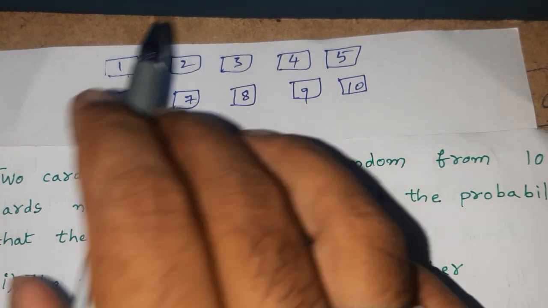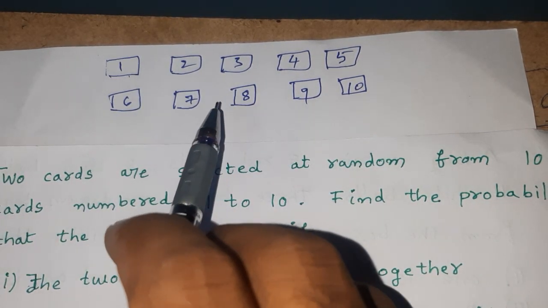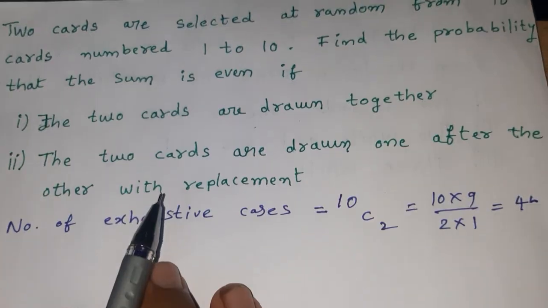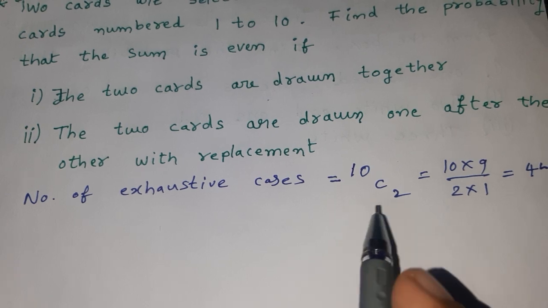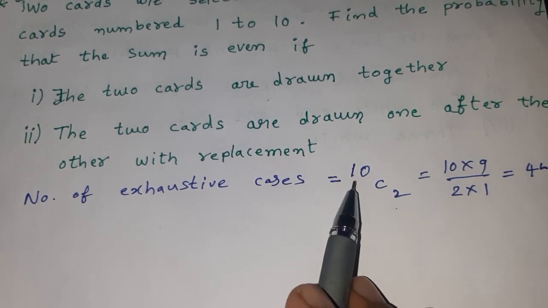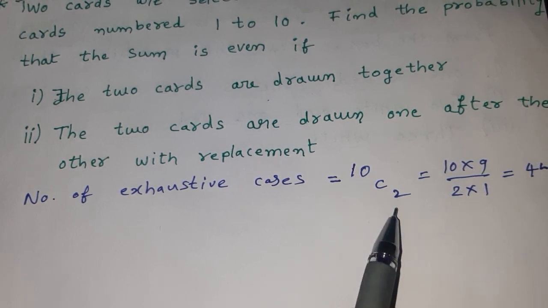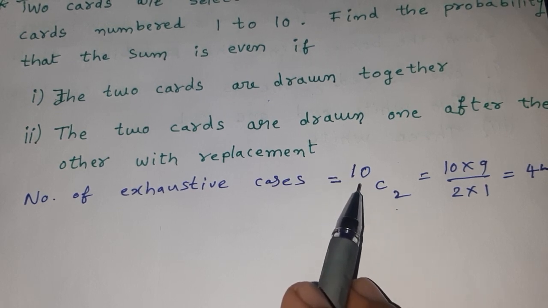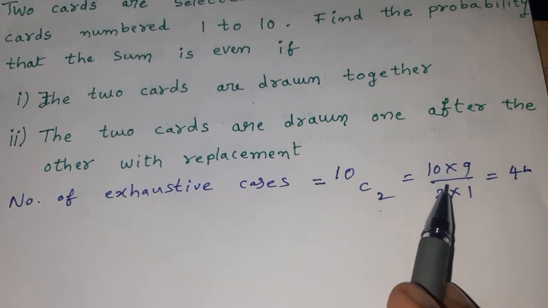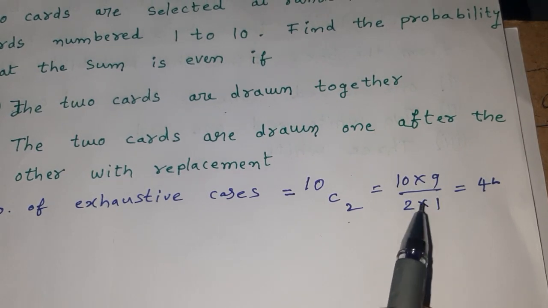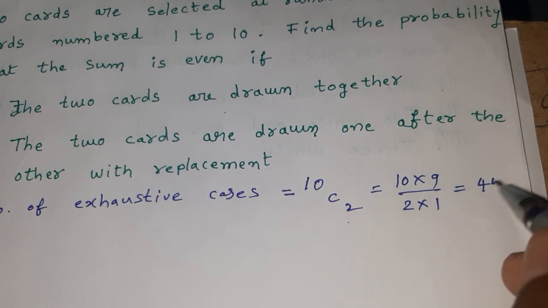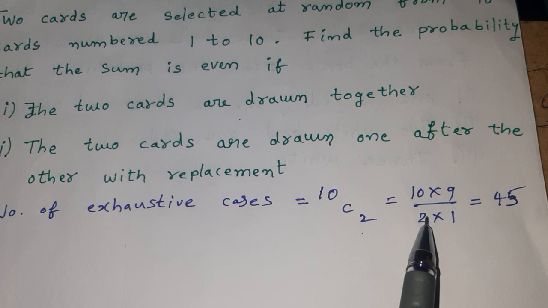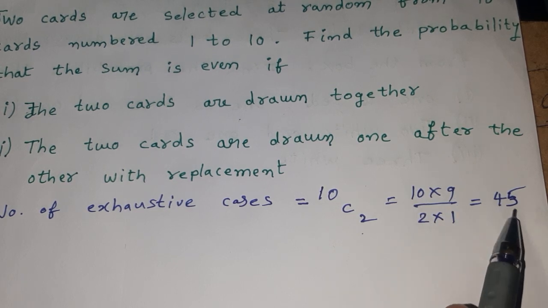The number of ways to select any two chords at random, the number of exhaustive cases, is equal to 10C2. Since there are 10 chords, we have to select two among 10. This value is given by 10 into 9 by 2 into 1, which is equal to 45. Five times cancels, 5 into 9, 45.